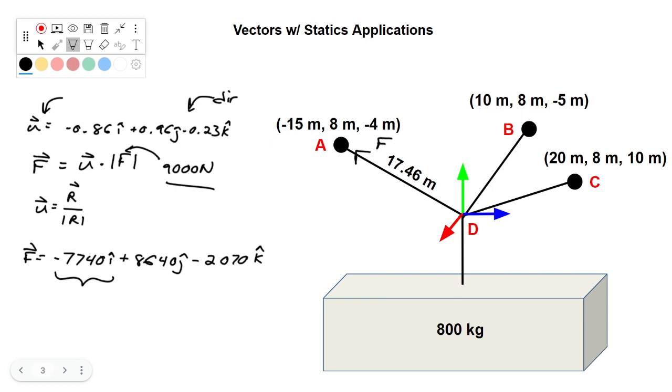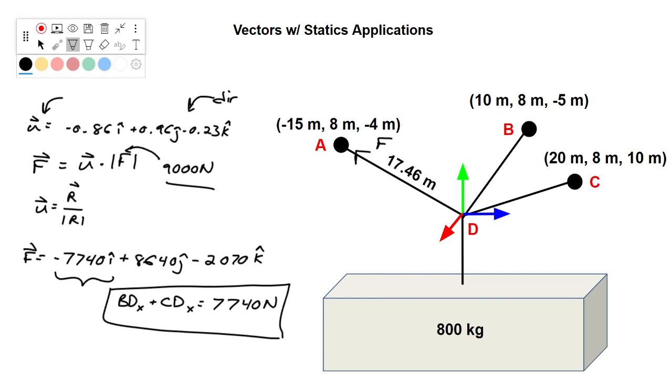So AD is negative 7740 newtons to the left, and BDx plus CDx, which is what they're asking for, is the same amount, but to the right, positive 7,740 newtons.